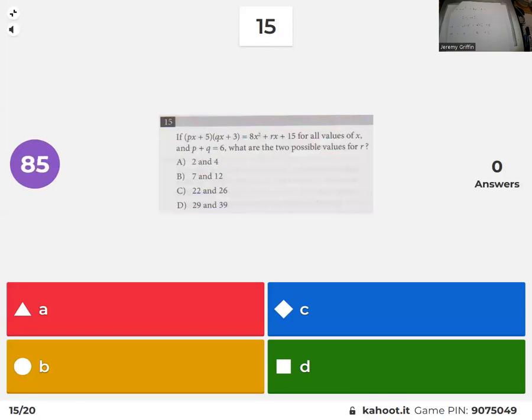15. (px + 5)(qx + 3) = 8x squared + rx + 15. p plus q is 6. What are two possible values for r?